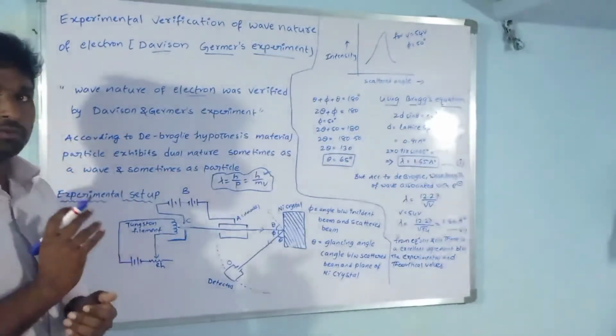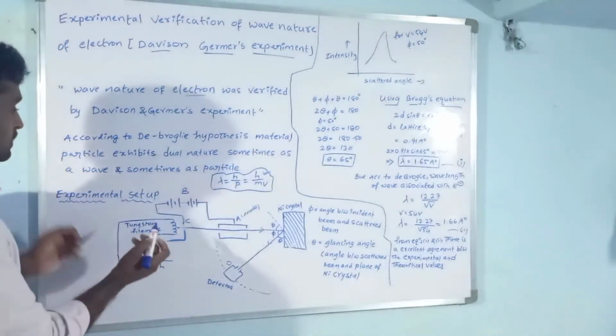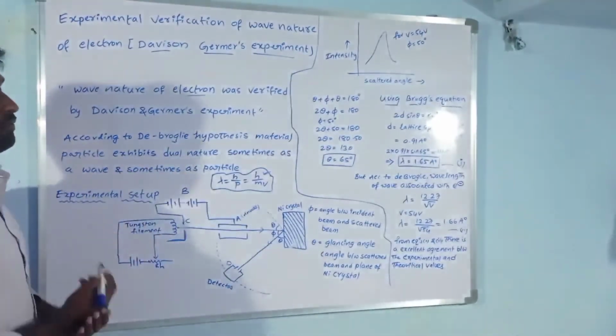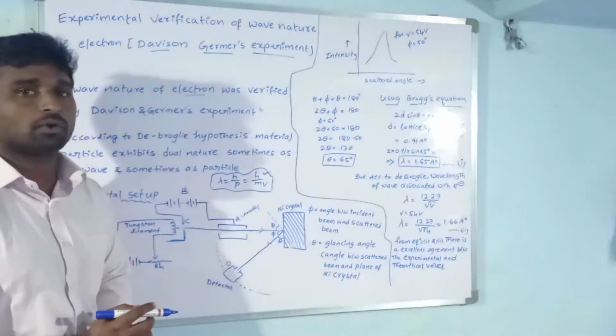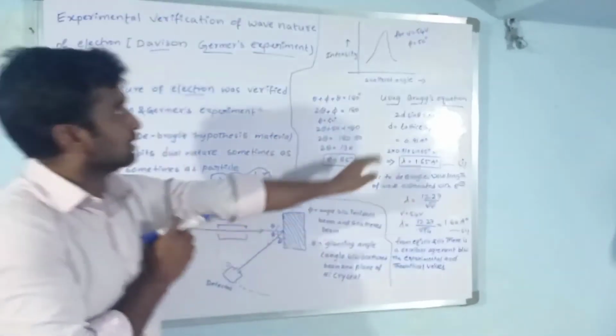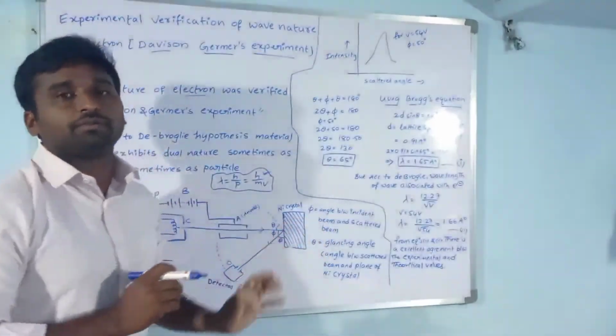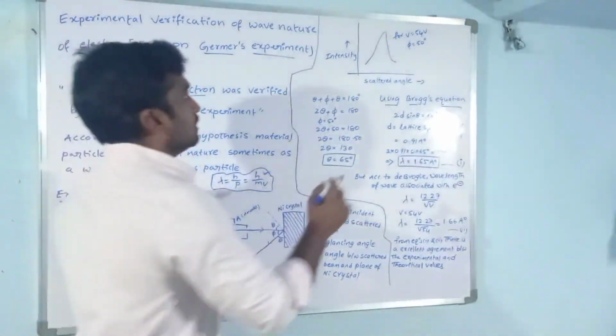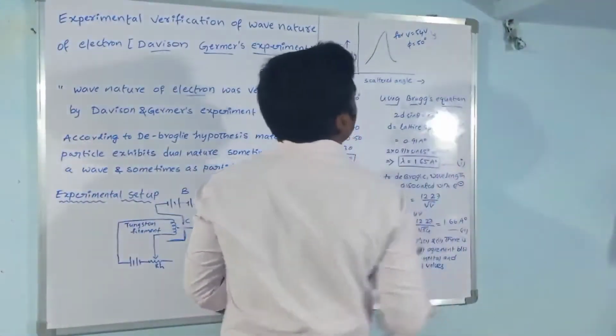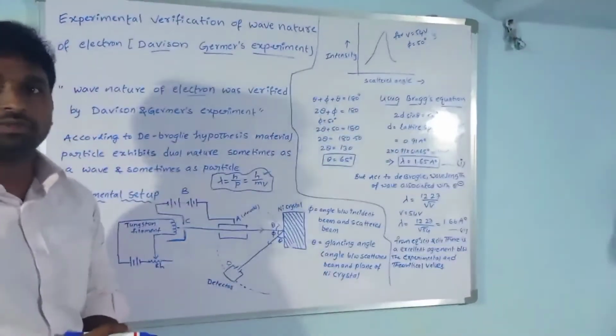At 50 degrees. At 50 degrees, and at a voltage of 54 volts. At 54 volts and phi equal to 50 degrees, we get the maximum intensity of the electron beam.